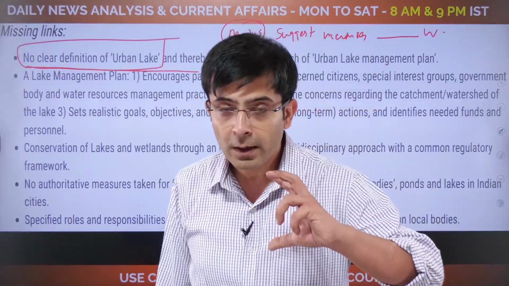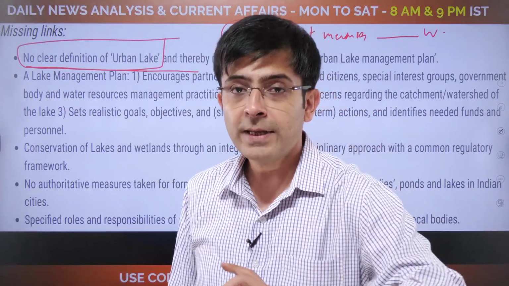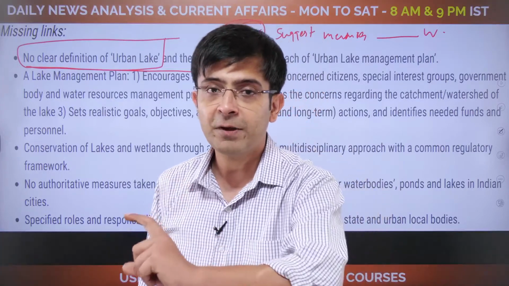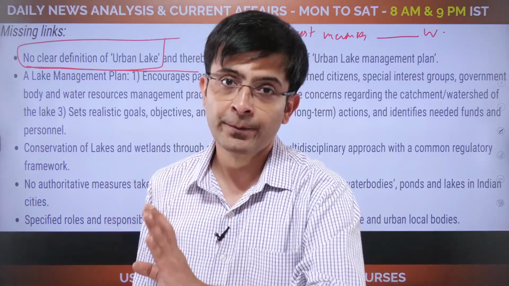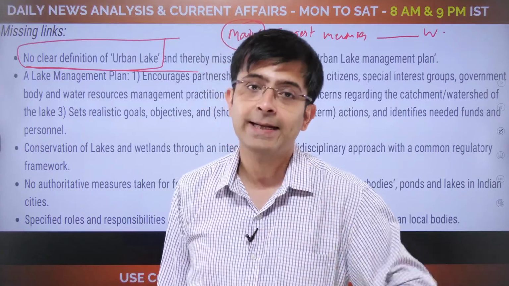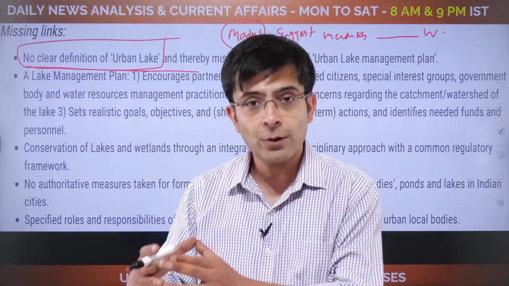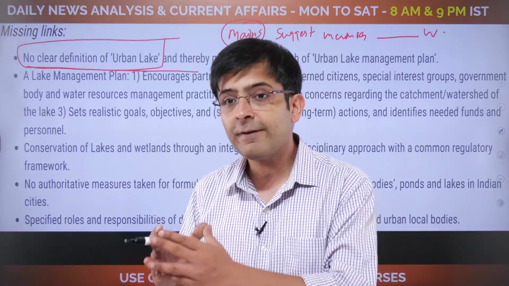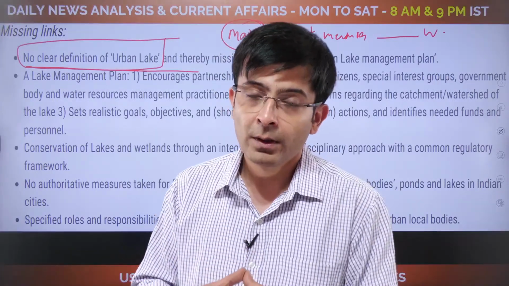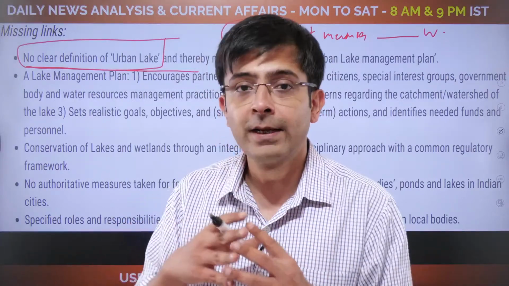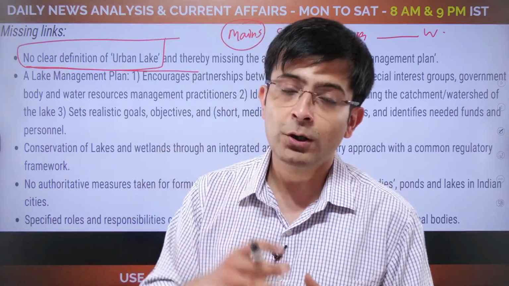What comprises an urban lake? So there is a geographical definition that it has a depth of this much and an area of this much. However, that's inadequate. You can't have a one size fits all definition also. The character of wetlands across India differ, especially in the stressed urban areas. So a definition ought to be provided.